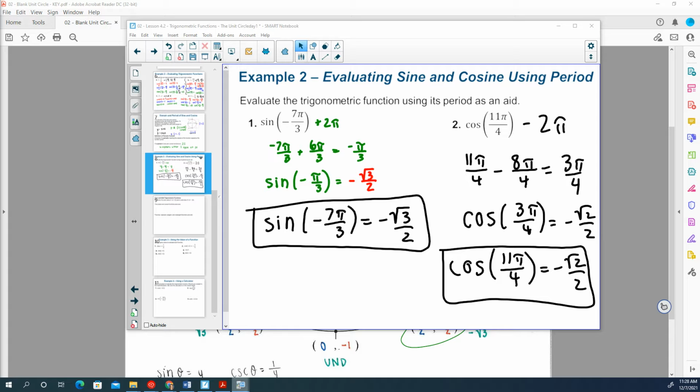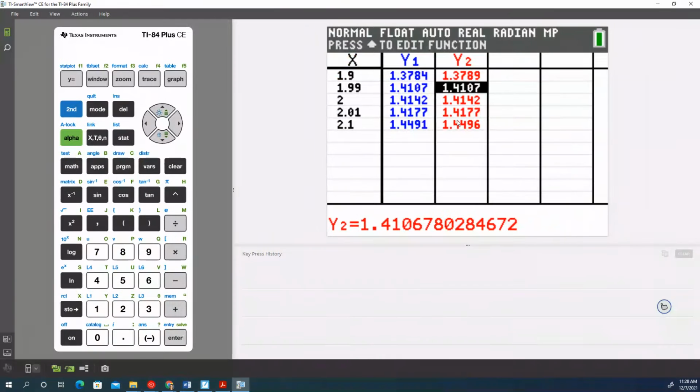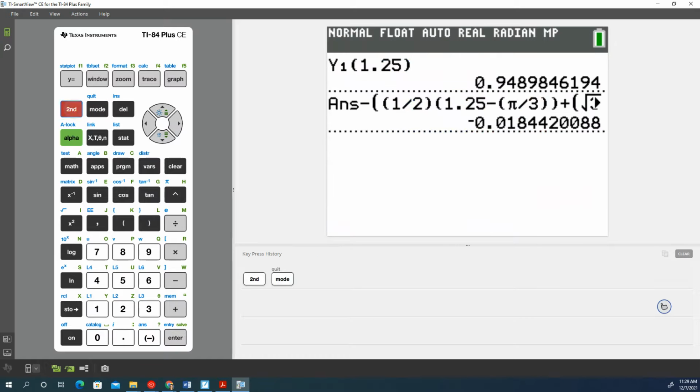It's 11 pi over 6. What's the cosine? I just kind of memorized what the square root of 3 over 2 was as a decimal. So this can be a way you check your answer.